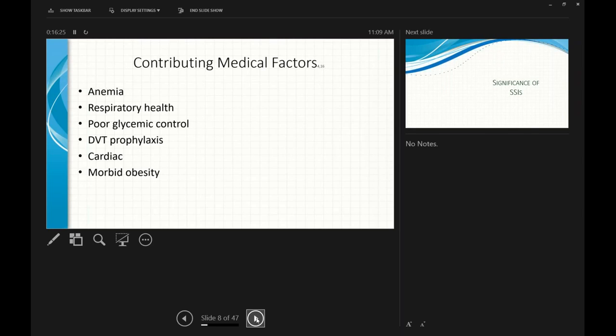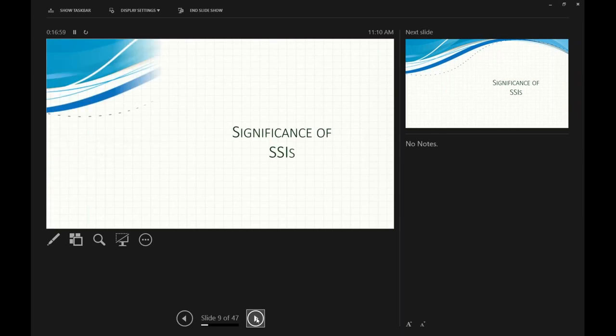And there are some institutions I have found in this country by talking with other nurses that every patient that comes even to same-day surgery is checked for what their glycemic index is. This is important because stress will bring out latent glycemic lack of control, DVT prophylaxis, their cardiac status, or morbid obesity. This is coming up again now in the literature.